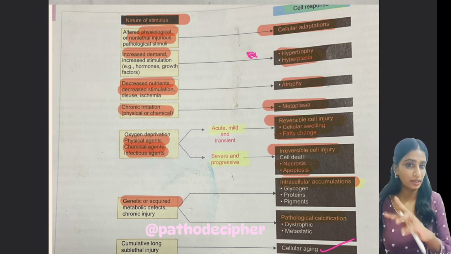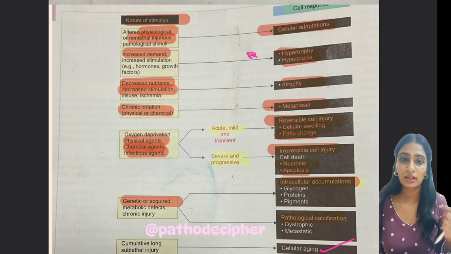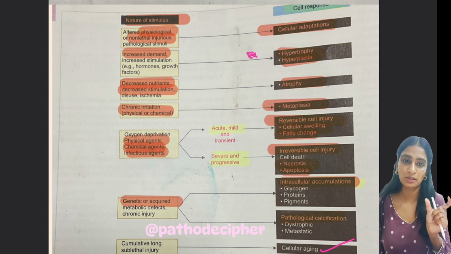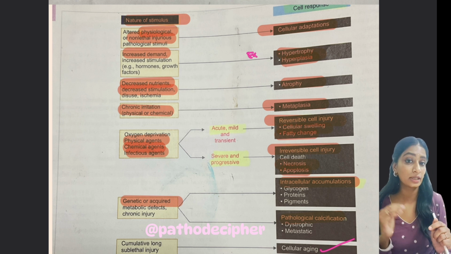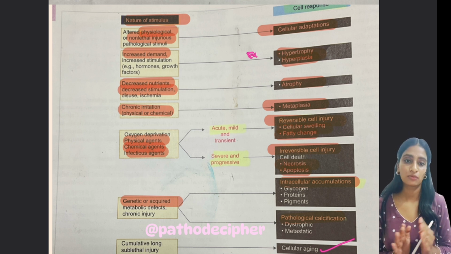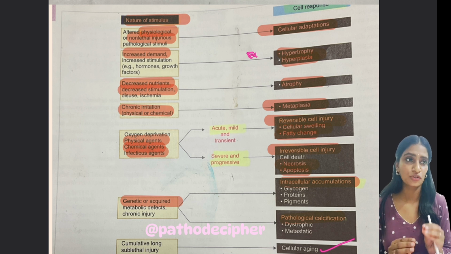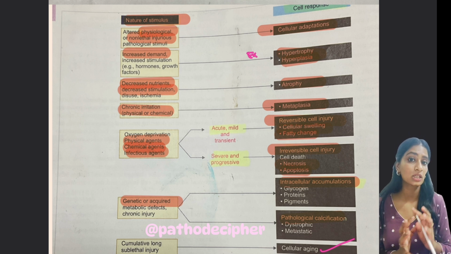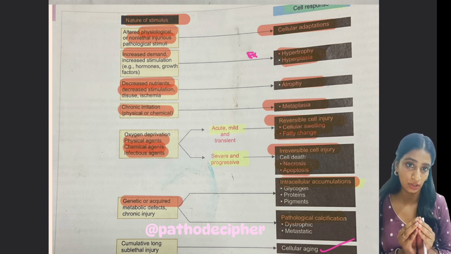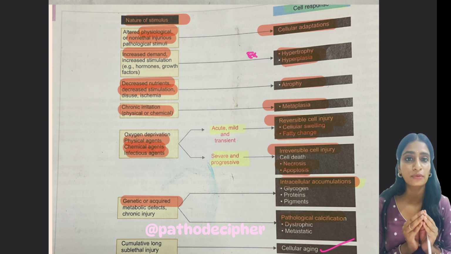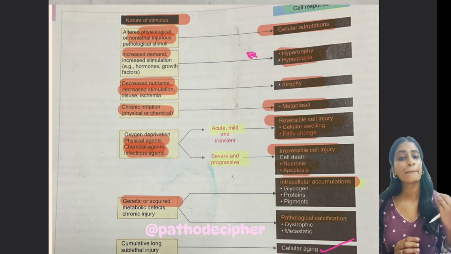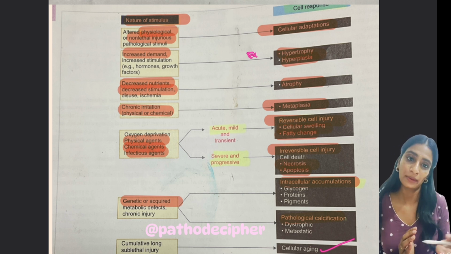So again the two rule comes here: dystrophic and metastatic. What do you understand from the term dystrophic? Dystrophic means dead tissue. For example, worms like Schistosoma undergo calcification, which is a good example of dystrophic calcification. Or you can remember papillary thyroid carcinoma.